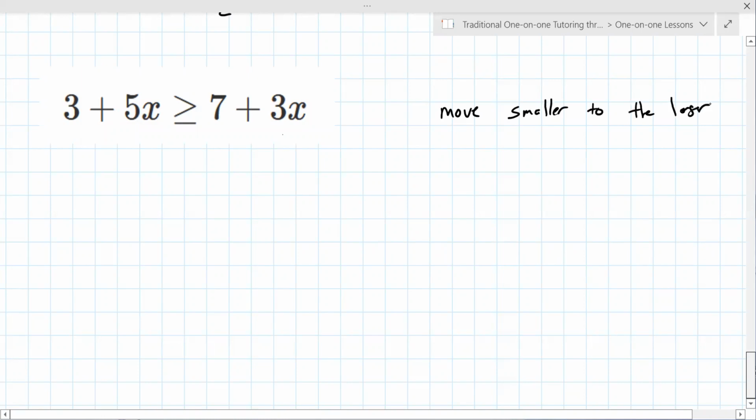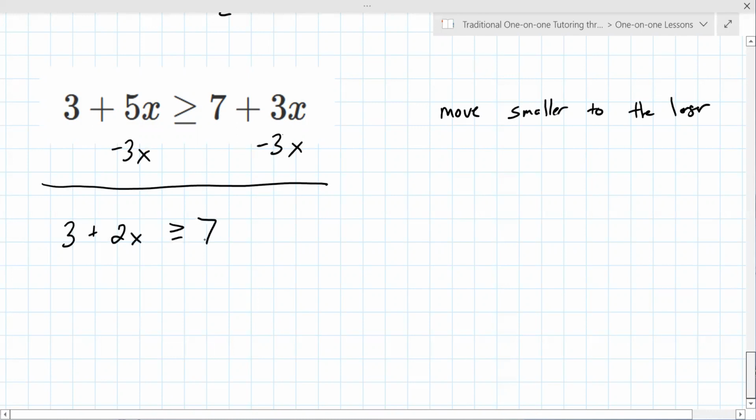Okay. 3x to the 5x. So you're going to subtract 3x from both sides because 3x is smaller than 5x. And that gives you 3 plus 2x greater than or equal to 7.